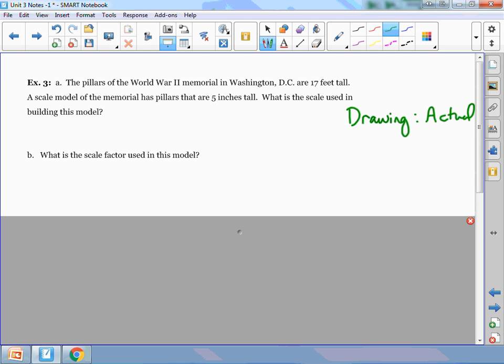Ben? Yeah, so did you, it's like a 5 inches to 17 feet, and then you divided both by 5, right? To get 1 inch, and you said it was 3.4 feet? I like that.